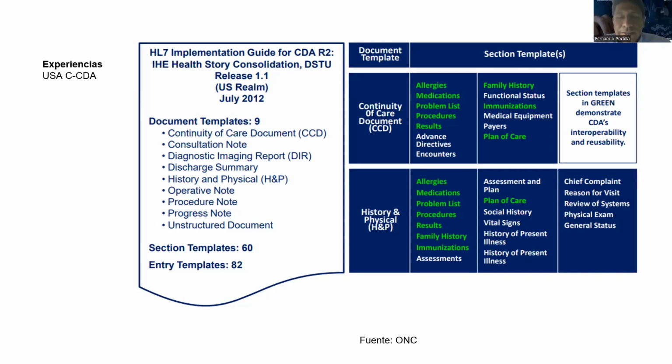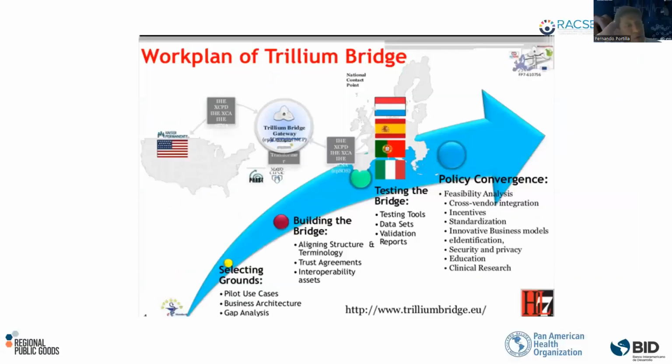But we could see within the specifications, within CCD, what they were doing in Europe and back to EPSOS, that there were similar sections: allergies, medications, and other types of problems.